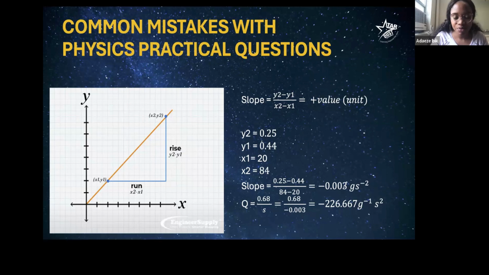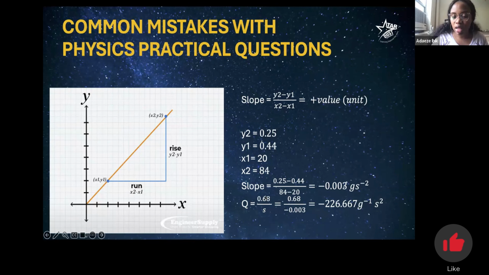But there are some questions that come after the practical, which are useful, and you must answer them, otherwise you miss your marks. So one of them says find Q, and it says that Q is equal to 0.68 over S, where S is slope. So if you put in the value of S and solve that equation, you should get minus 226.667, and the unit should be according to the equation.